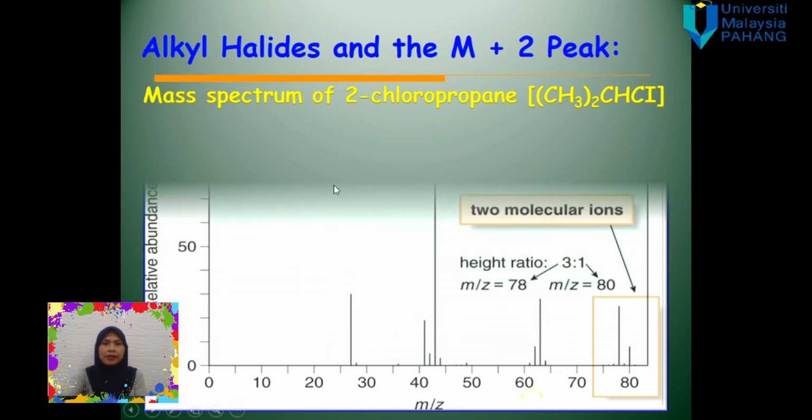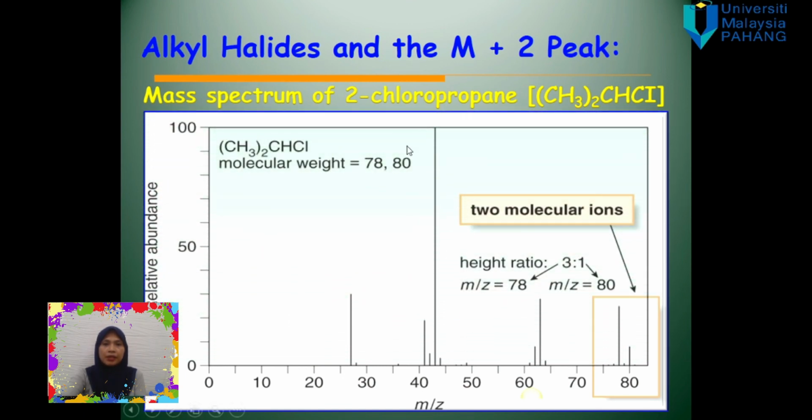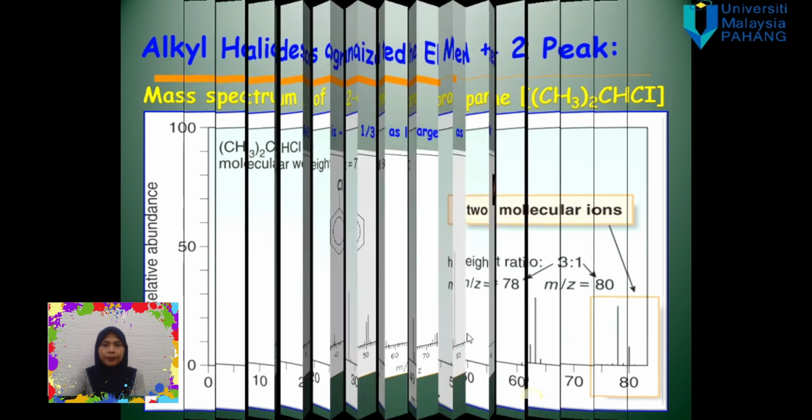We can see an example here, the mass spectrum of chloropropane. This is the M+ with an m/z value of 78, and this is the M+2 with an m/z value of 80. So M+ is 78, M+2 is 80, and the ratio is 3 to 1. This clearly shows us that chlorine is present in this molecule.